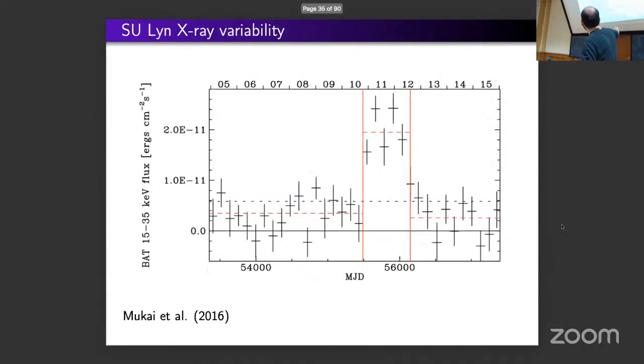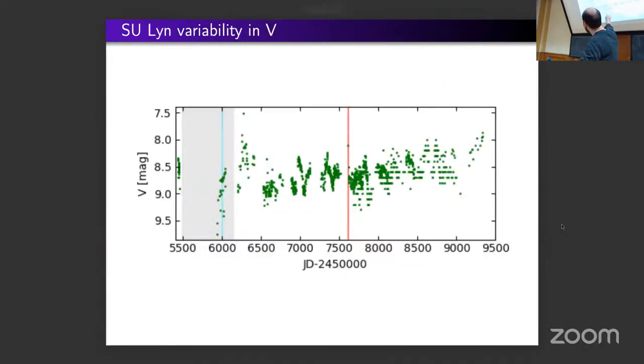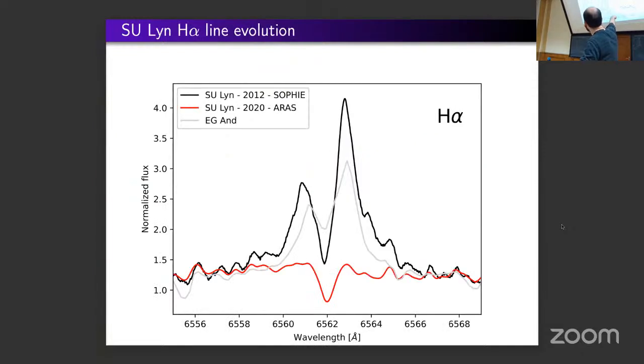And it's right in the middle of the X-ray high state, and this is the black line here. So when the system was X-ray bright, the H alpha was very strong in emission, and it looked like a typical symbiotic star, shown here in the gray line. And now, when the X-ray intensity is low, it looks like that, shown here in the red line.